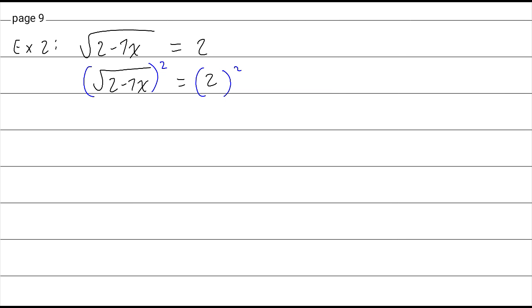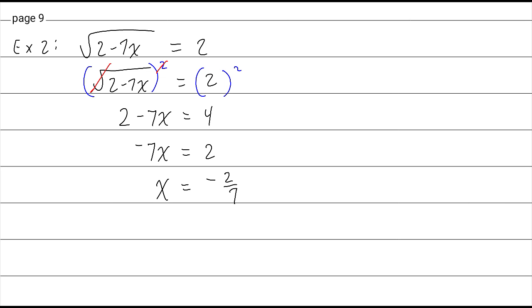That's how I'm going to get rid of the square root. 2 minus 7x is equal to 2 squared, which is 4. Subtract 2 from both sides. Negative 7x is equal to 2. Divide both sides by negative 7, and I get negative 2/7. That's probably my solution.